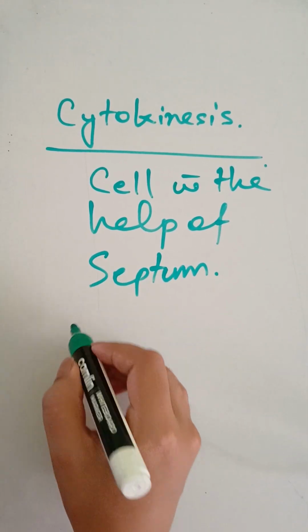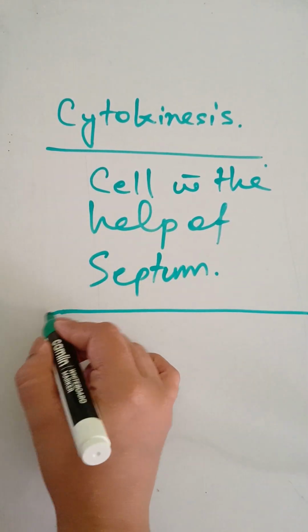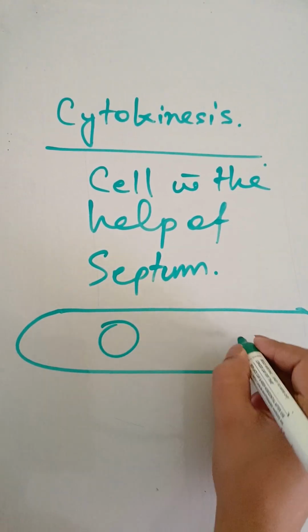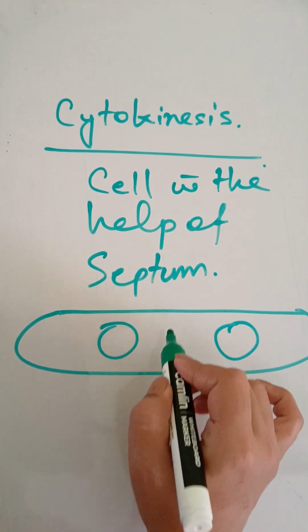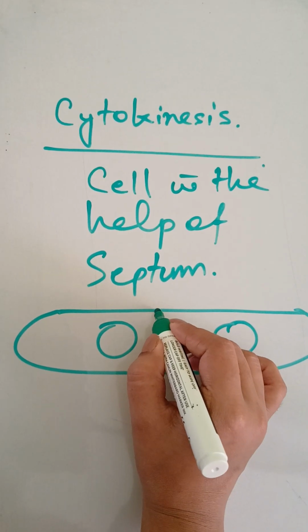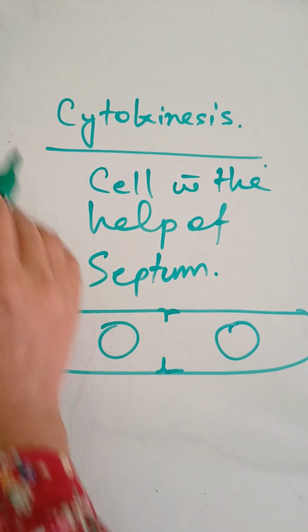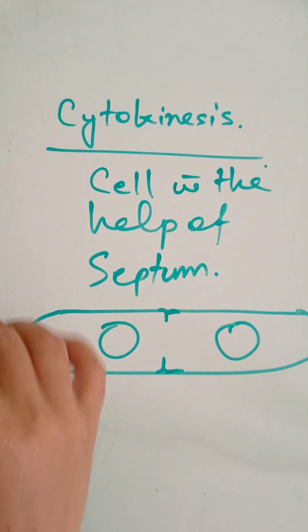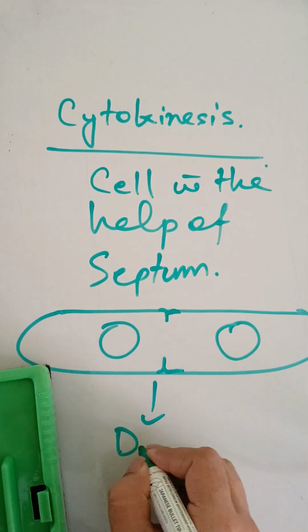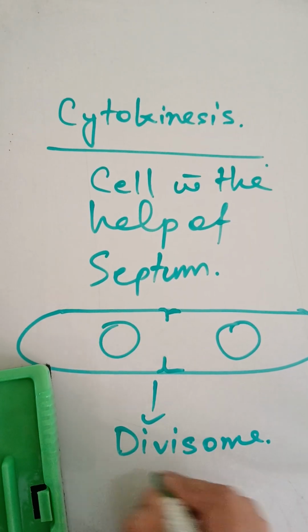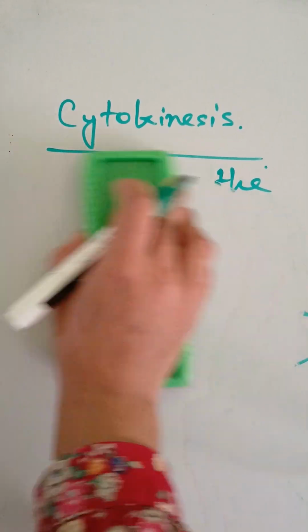Okay, it means there will be an elongated cell with two chromosomes, but the cell needs to be divided. For that, the septum formation will start from here, but this whole process is basically known as the divisome. Now, what is the first step of divisome?